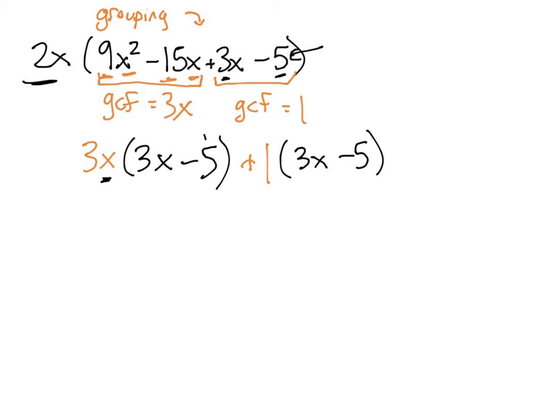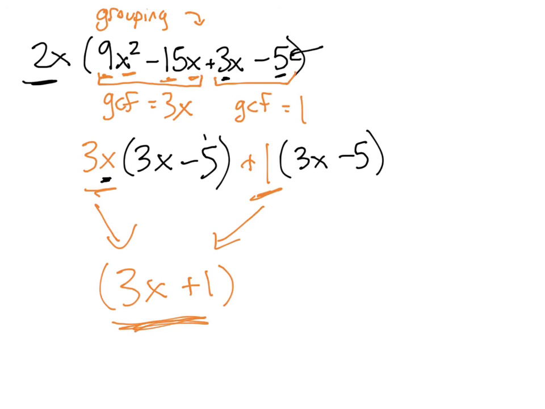Even though we're not dividing by anything, it still is useful to write that 1 here, because now when we regroup this using the distributive property, that 1 is going to be needed as the second term in this pair of factors, 3x plus 1.